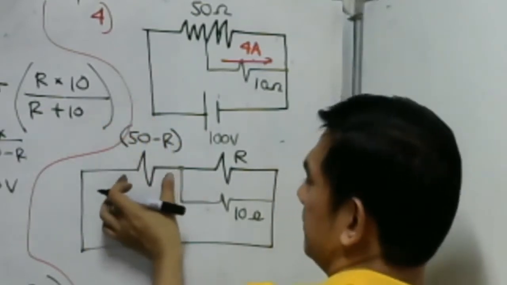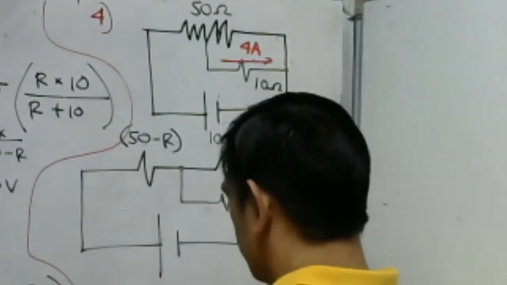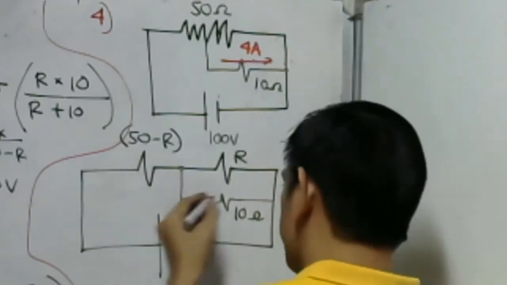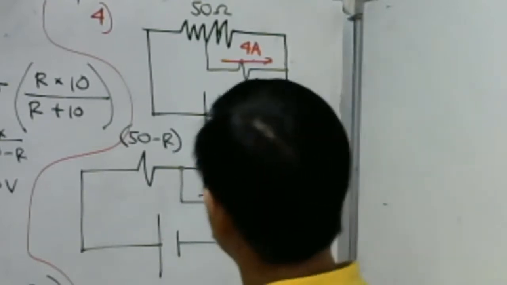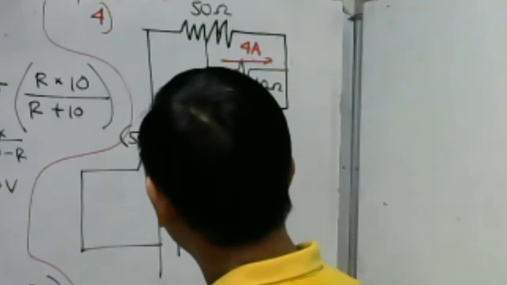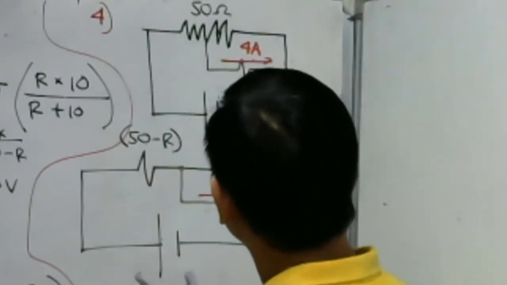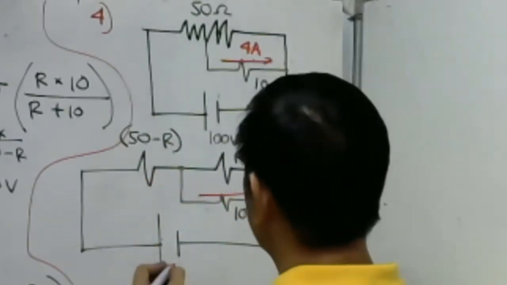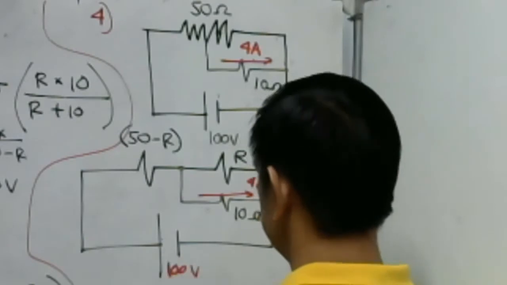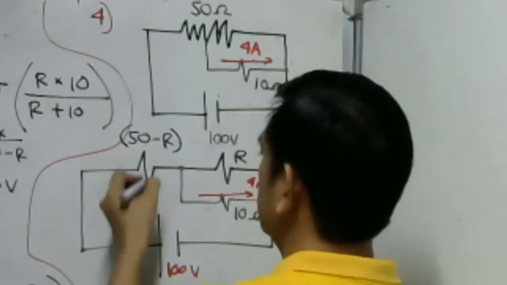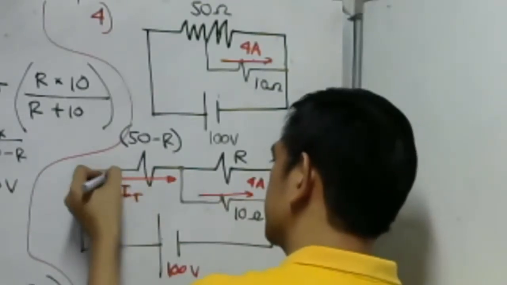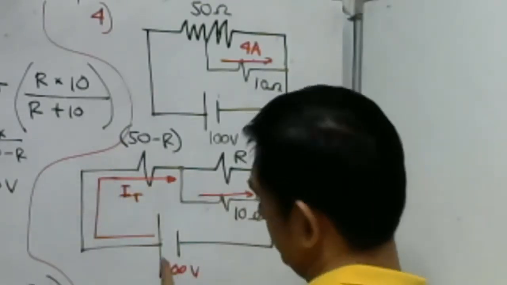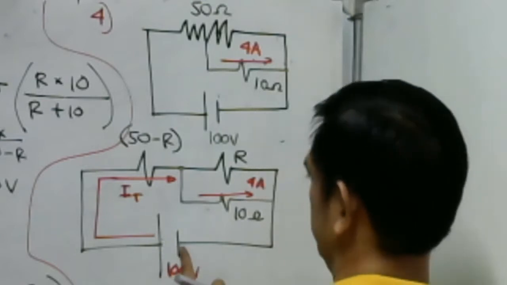Ito, bali 50 minus R na lang to. Remember that we have a 4 ampere current here. Okay? 4 ampere current. So, we have here a 100 volts resistance. We have here our total current. Current supplied by the voltage source.